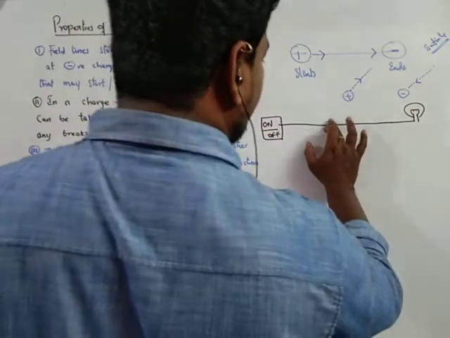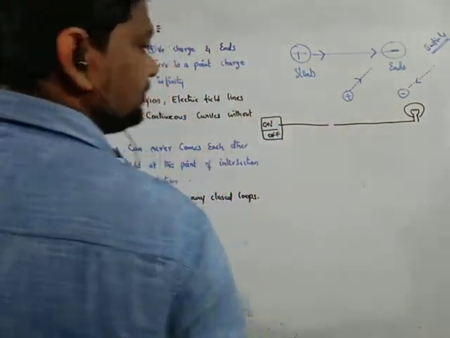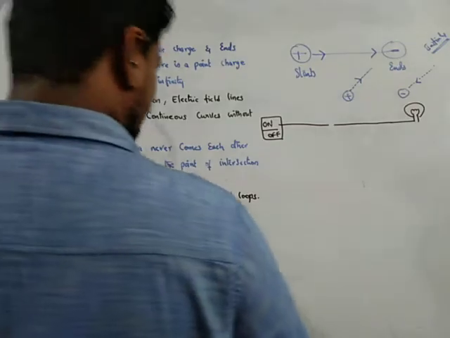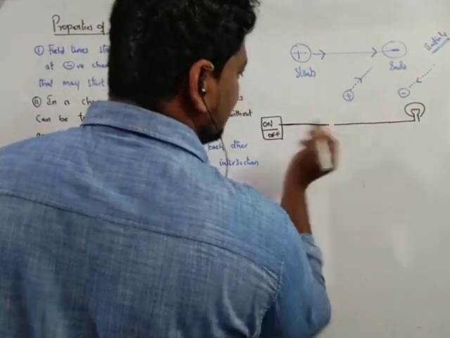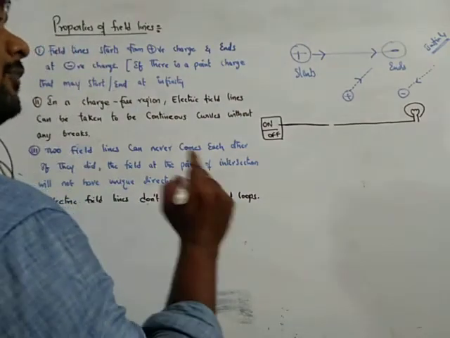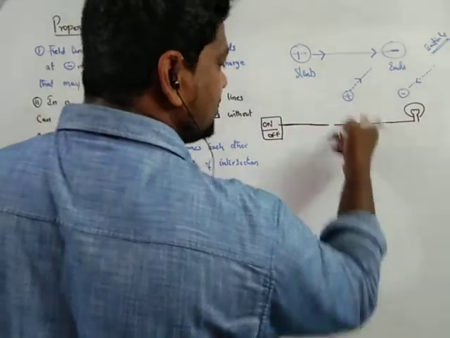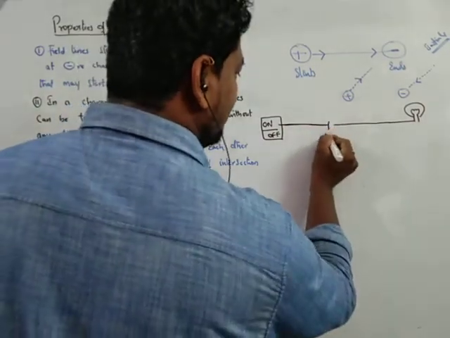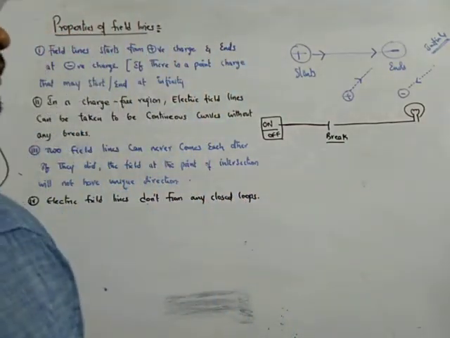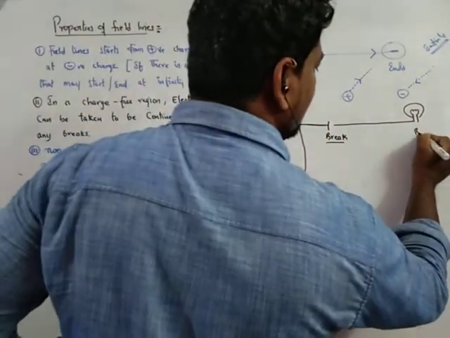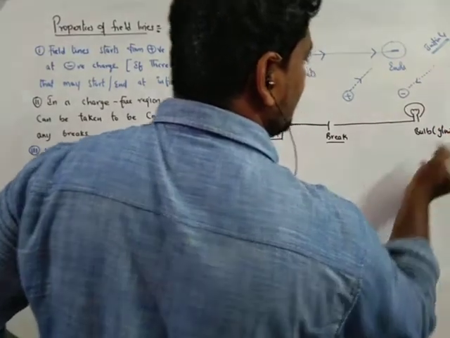Suppose you break it here and we switch on. Whenever we switch on, the field lines will pass through until we have a break. Whenever we have a break, the electrons won't jump. It will break here. So the bulb won't glow.